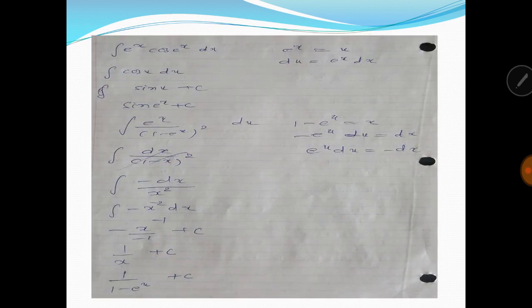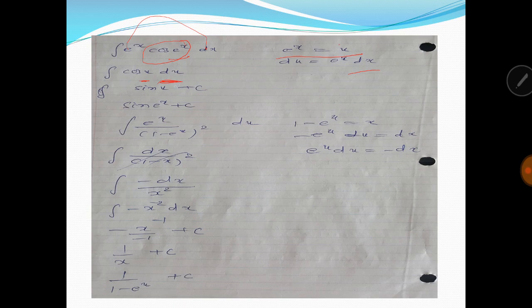Now we are doing the integration of e power x cos e power x dx. So you don't know the integration of cos e power x. So take e power x equal to u and du is equal to e power x dx. So you have e power x dx, that you replace by du, and e power x you replace by u.